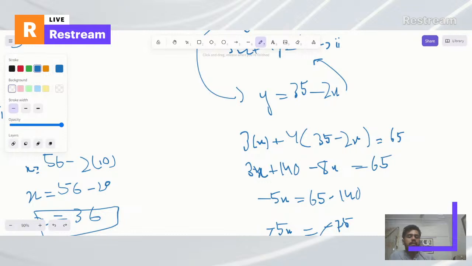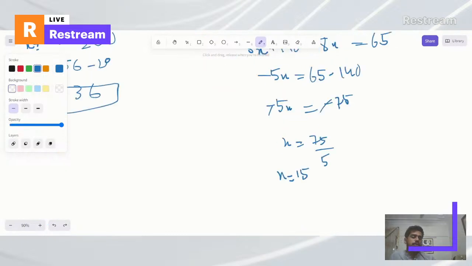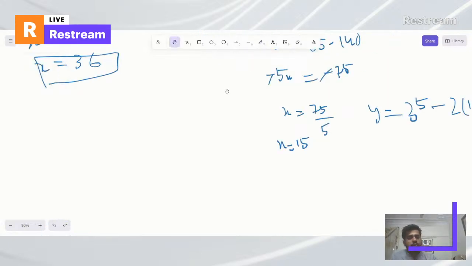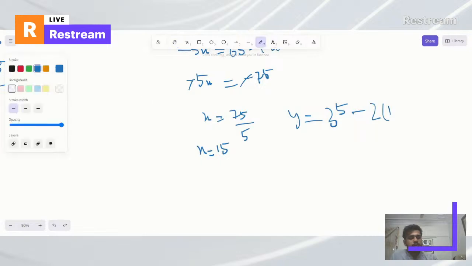So in order to find out the cost of one eraser, the equation is y equals 35 minus 2 times x, which is 15. So it becomes 35 minus 30, and the answer would be 5, right?